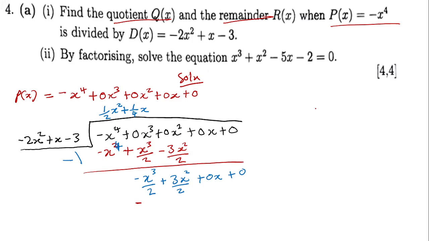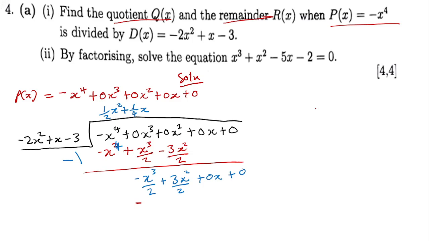Okay, so automatically we know that will be a cubed, and this will be a 2 there, and that one will be a 1 there. So this is giving us negative x cubed over 2.